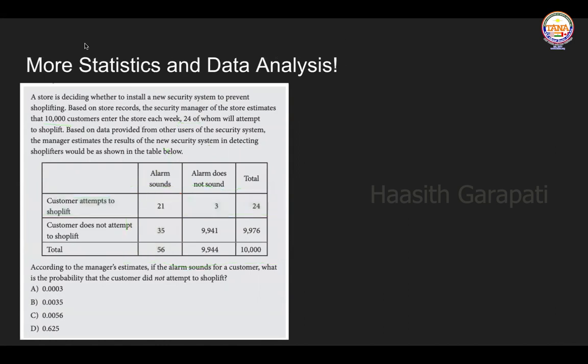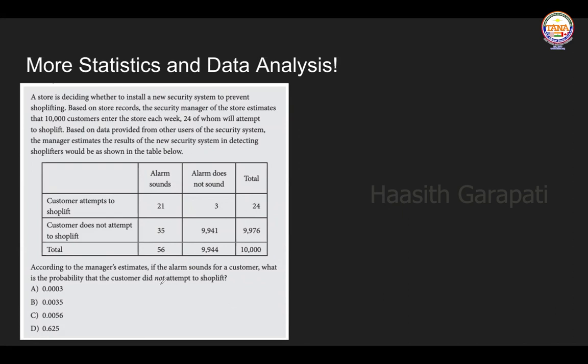So how do we use this data? The question is, if the alarm sounds for a customer, what is the probability that the customer did not attempt to shoplift? A thing you need to understand is sometimes the question is going to give you conditions, and then you have to find the probability within the condition.